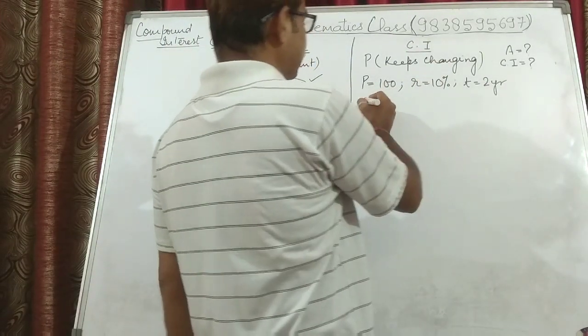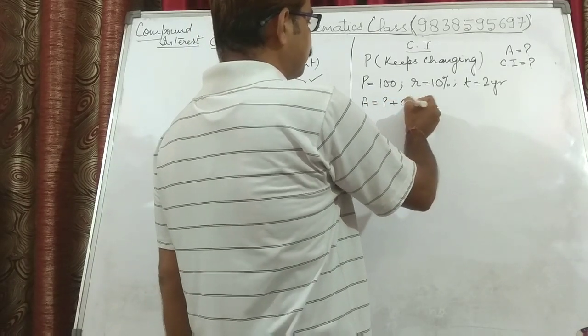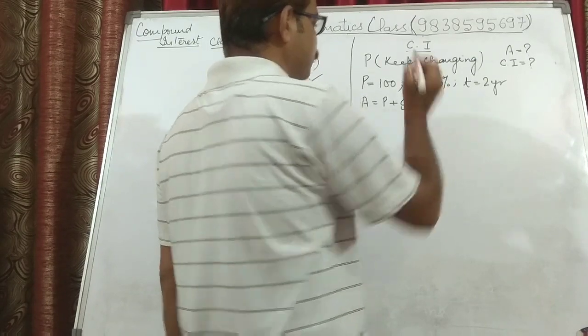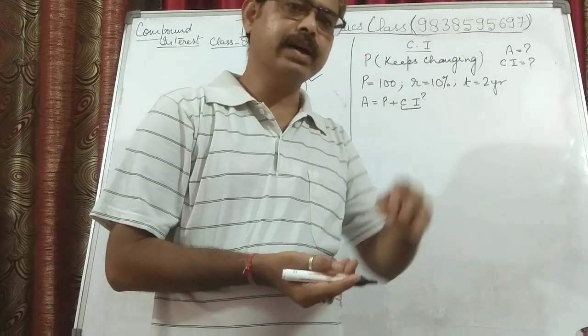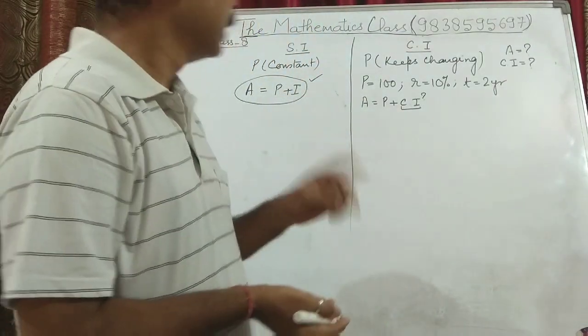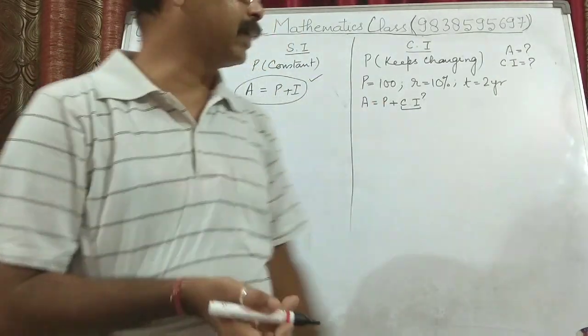So A will be principal plus compound interest. Now the challenge is to find this compound interest. We will find it with the help of the formula that we have learned under the topic simple interest.